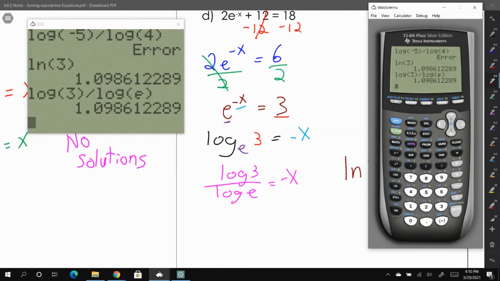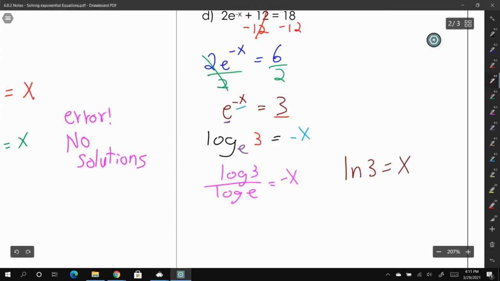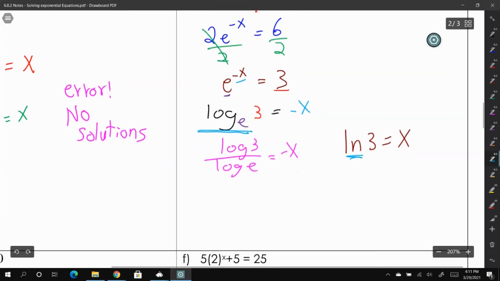So if I were to do that, look, I get the exact same thing. So some people are just always going to use a change of base and say, you know what, I'm just going to use change of base, log 3 over log e will give you my answer. But if you recognize that log base e can be substituted with ln, that might get you the answer a bit quicker.